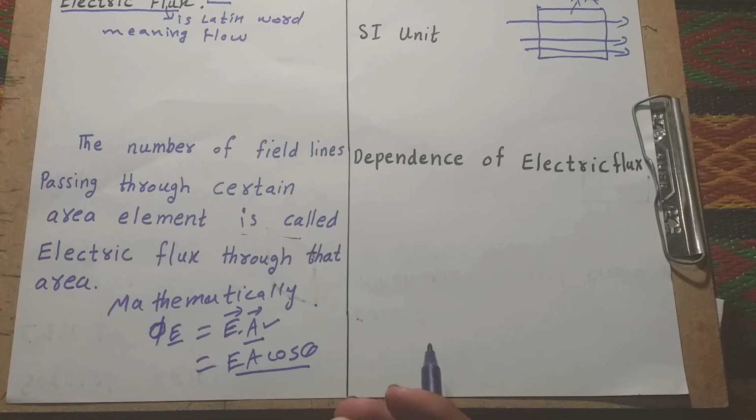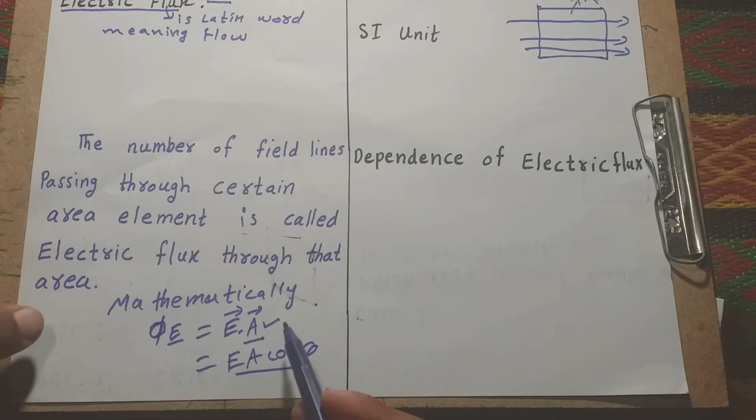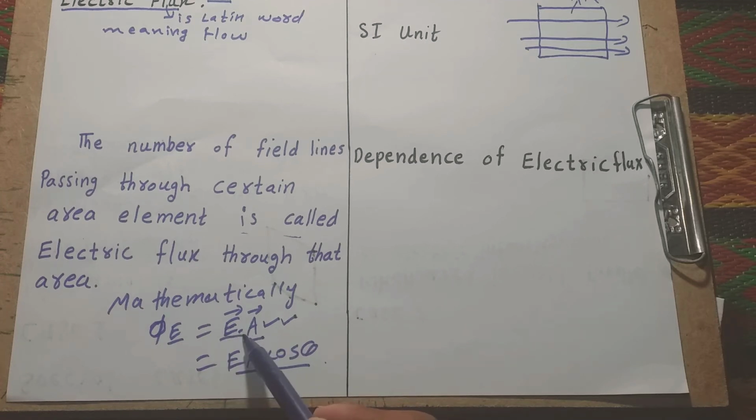Why do we use the dot product for electric flux? Why do we not use the cross product? We know that the electric flux is maximum if the angle between them is zero, meaning the area vector and electric intensity are in the same direction.